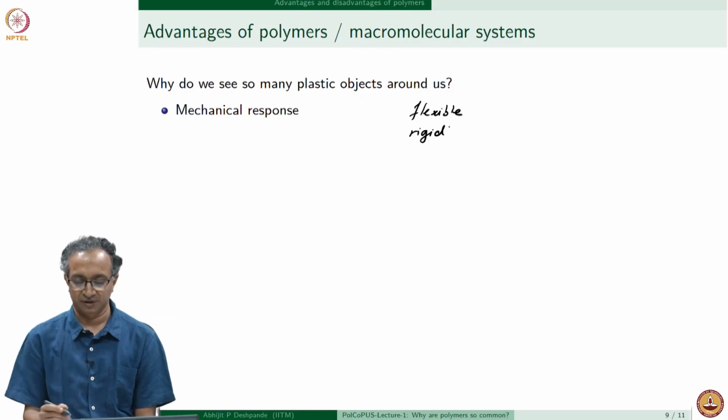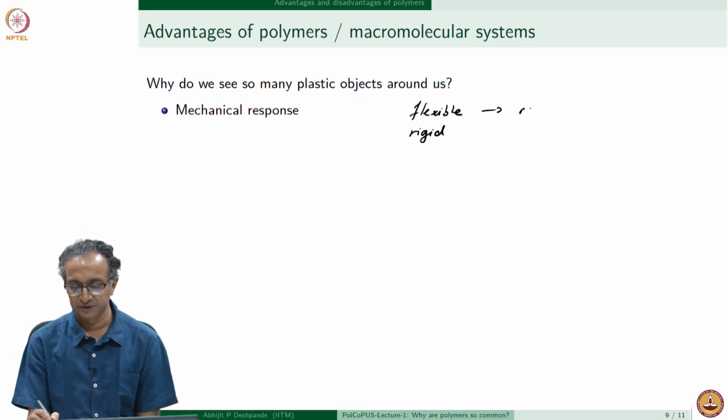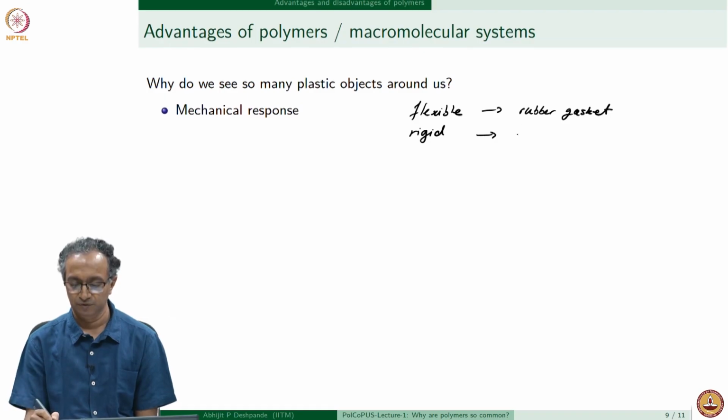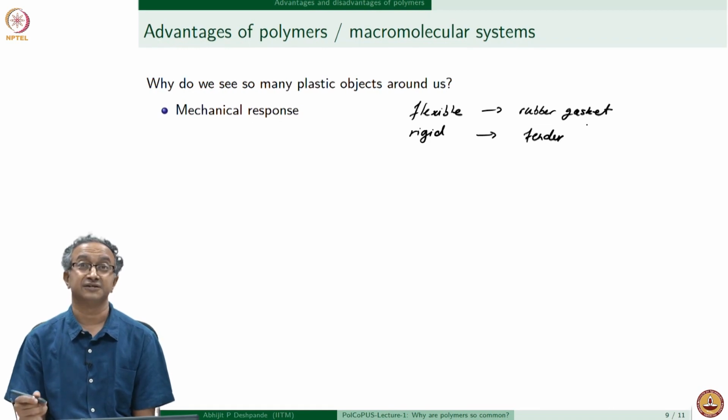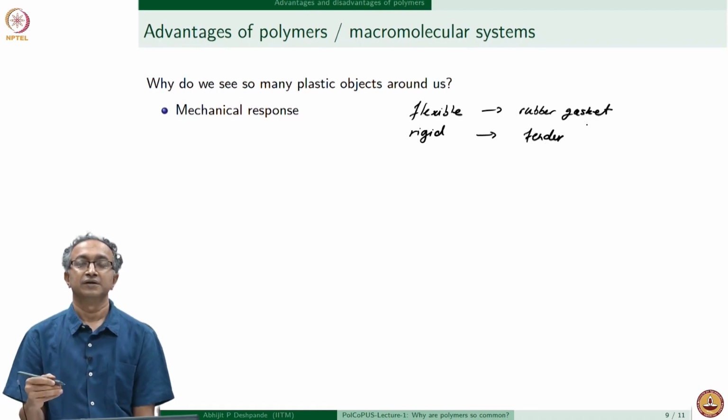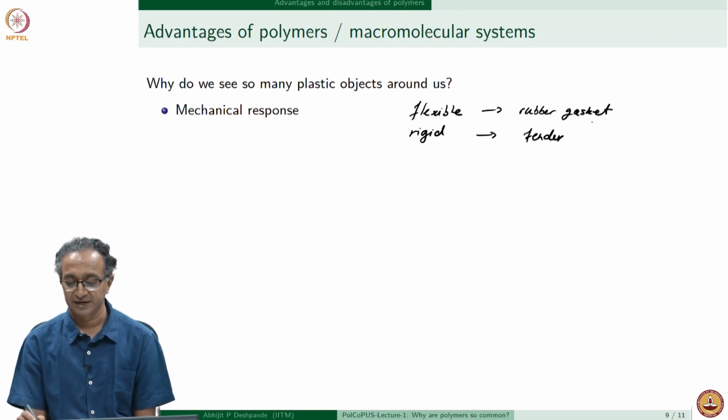So we can use polymers for a rubber gasket, or we could use them also for a fender in a car, which is a very mechanically intensive application. In fact, it is trying to absorb energy when, let's say, a car has an accident.